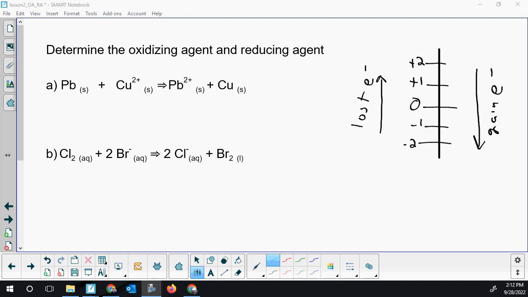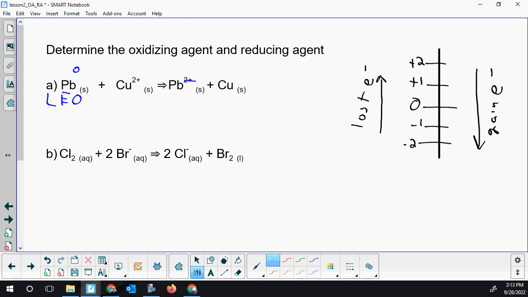So the answer for A, I'm going to get what gained or lost first. Lead would be starting at 0 and going to plus. So 0 going up to 2 plus is the loss of electrons. So this is our Leo, but that's not the question. It's the agent.